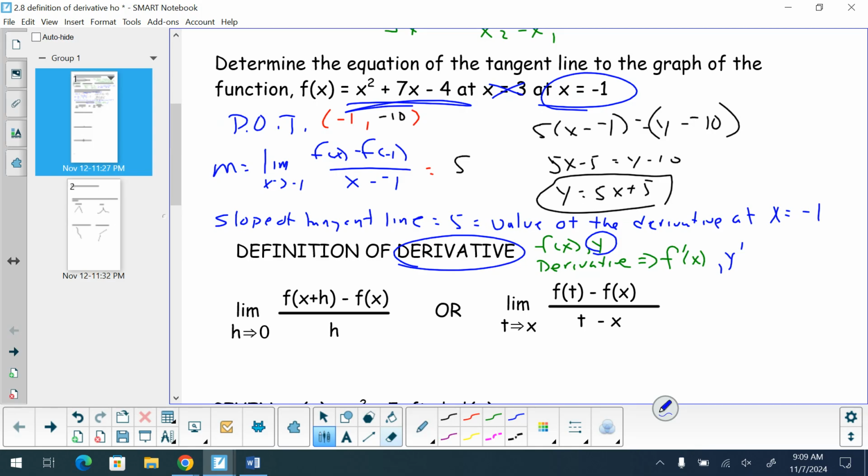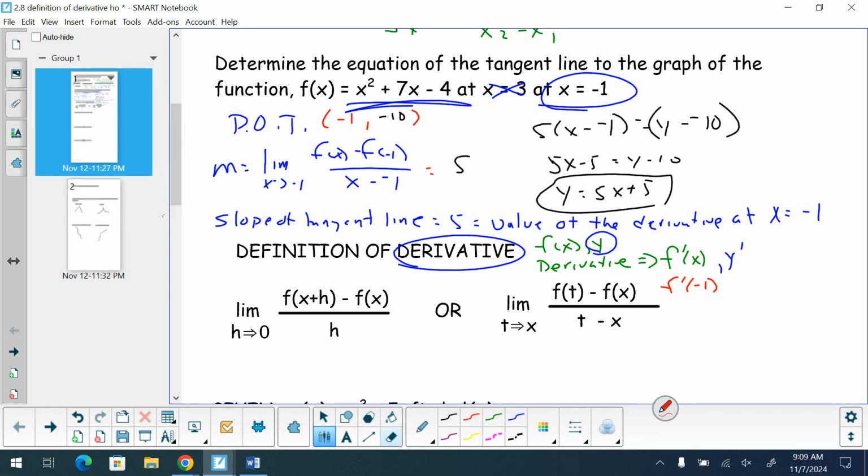Well, what we can do with the value of the derivative is we could say, this is f prime at negative 1.